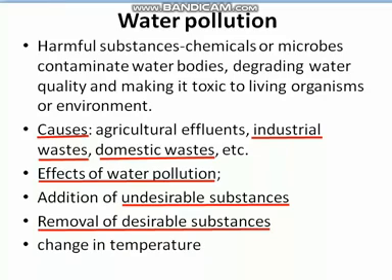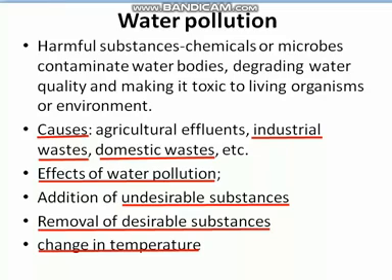Another one is change in temperature. There is an optimum temperature of every water body, and at that temperature different living organisms can survive. But the change in temperature also degrades the quality of water.